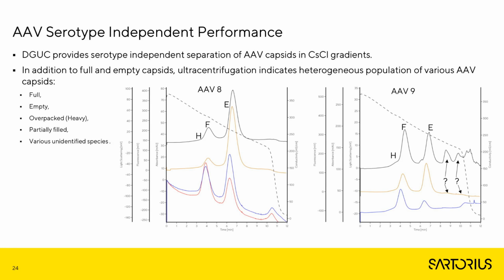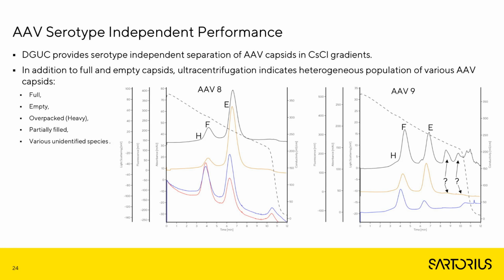In addition to full and empty capsids, ultracentrifugation indicates heterogeneous populations of various AAV capsids. So not only can we see fulls and empties, but we can see other capsid subtypes like overpacked, which are a bit denser compared to the fulls, so they are eluting at higher cesium chloride concentrations. We can see partially filled capsids.